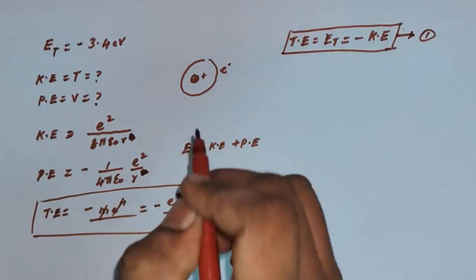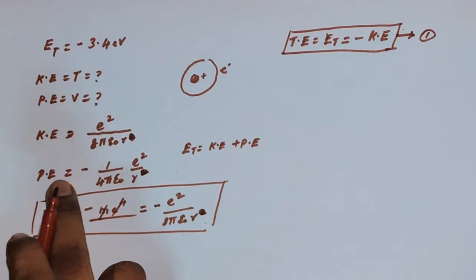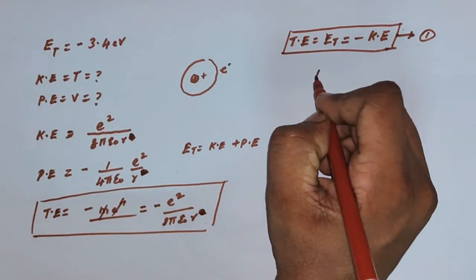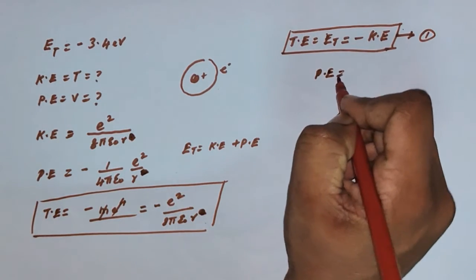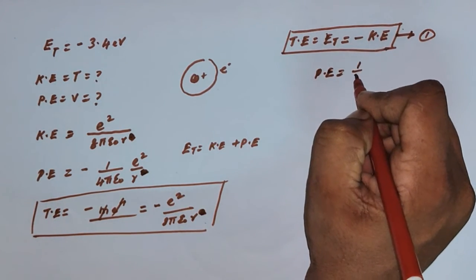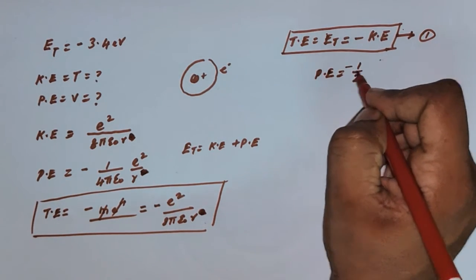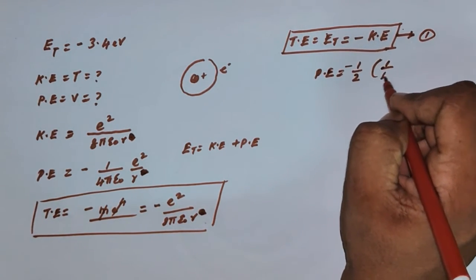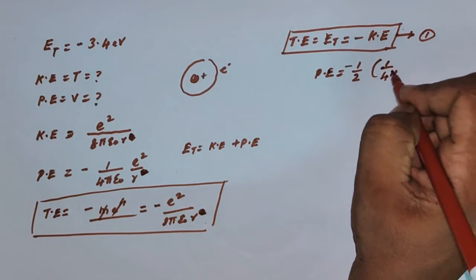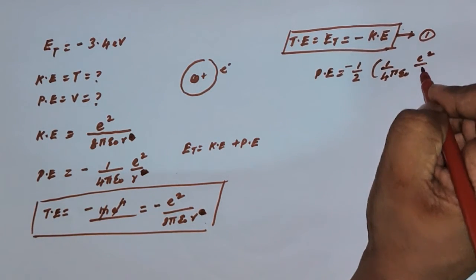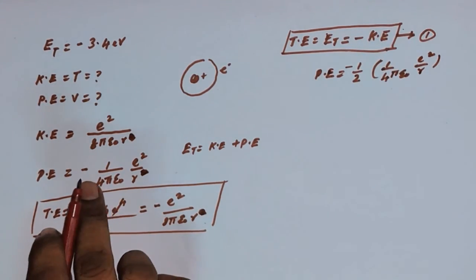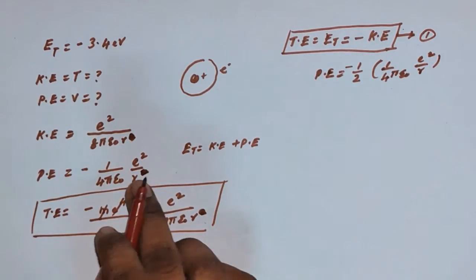The next one we need is the potential energy. You can take minus 1 by 2 outside, then inside it will be 1 by 4 pi epsilon e square by r. You can modify the potential energy like this, it won't change the quantity.